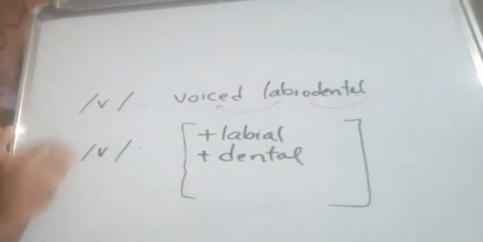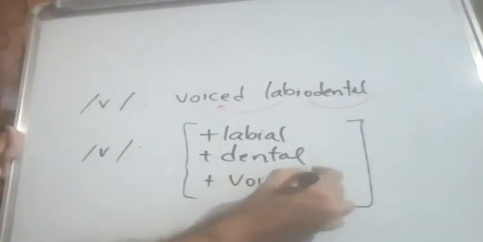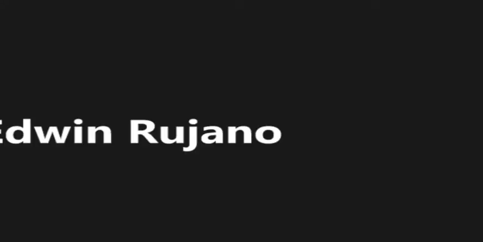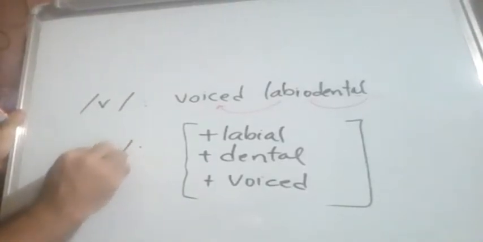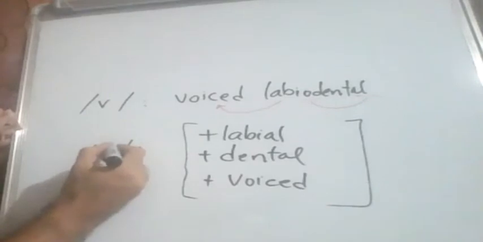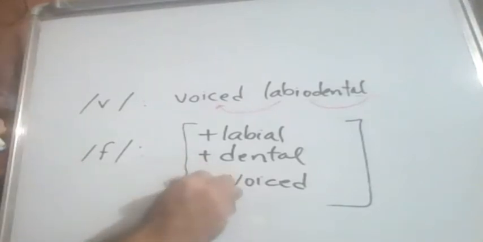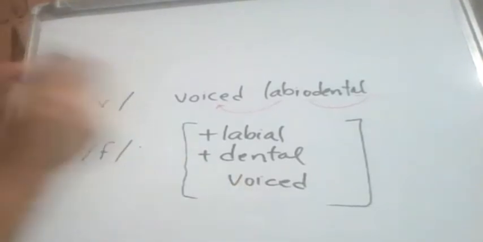So we need to specify plus voiced. In the case of t, it would be voiceless, right? If I say, for example, let's say that it is f, just like the case of t and d, f is voiceless, then I simply write minus voiced. Okay, perfect.